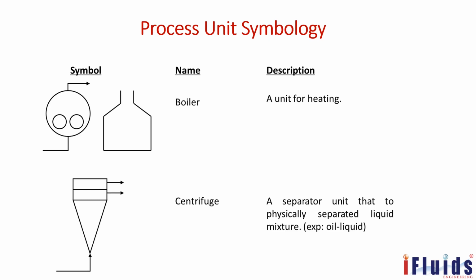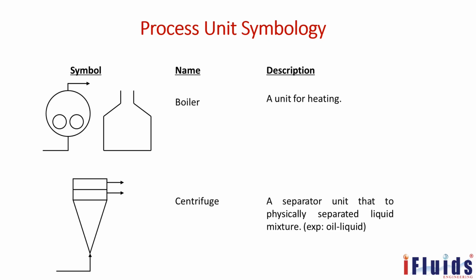When you are going to show the utility, like fuel gas, instrument air or other things, and smoke coming out, then you use that first symbol. The other symbol is for process.